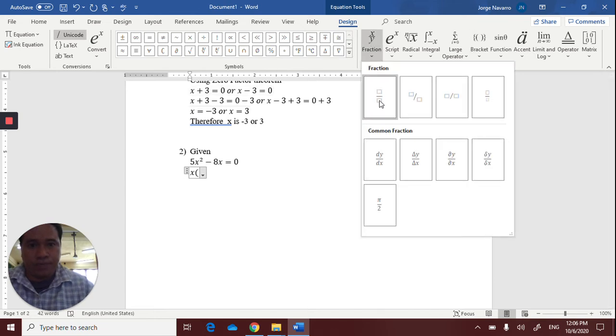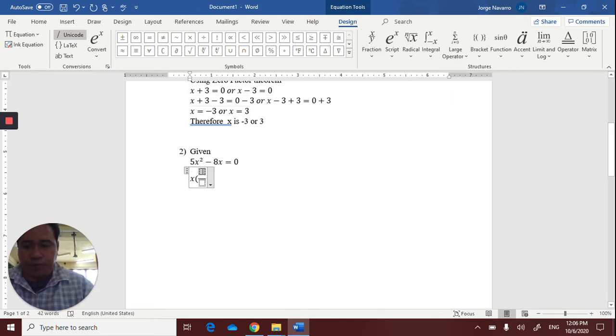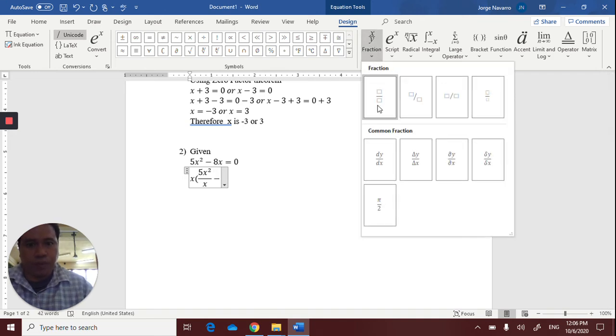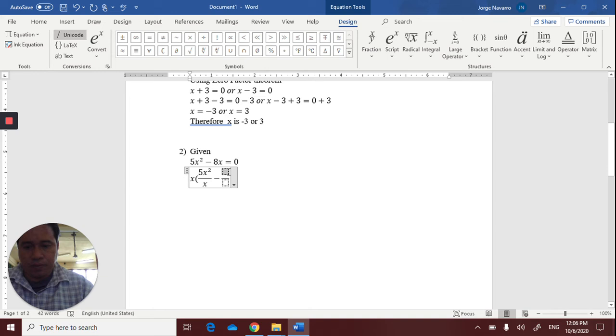I'll see 5x squared over x, minus 8x over x, equals 0. So that's my first step, which will give me x, open bracket, 5x minus 8, equals 0.